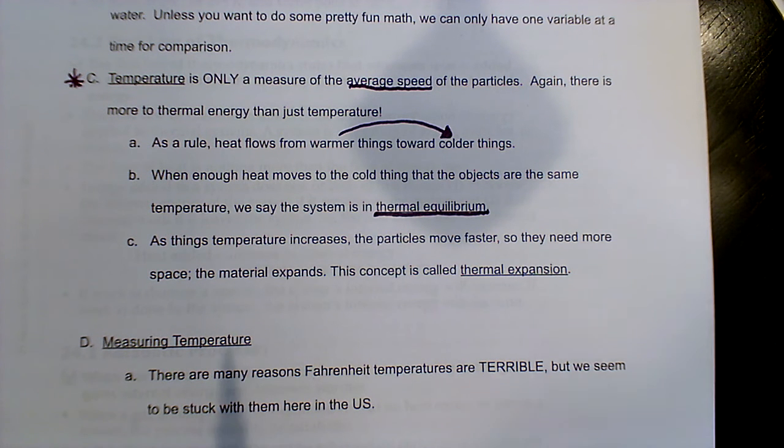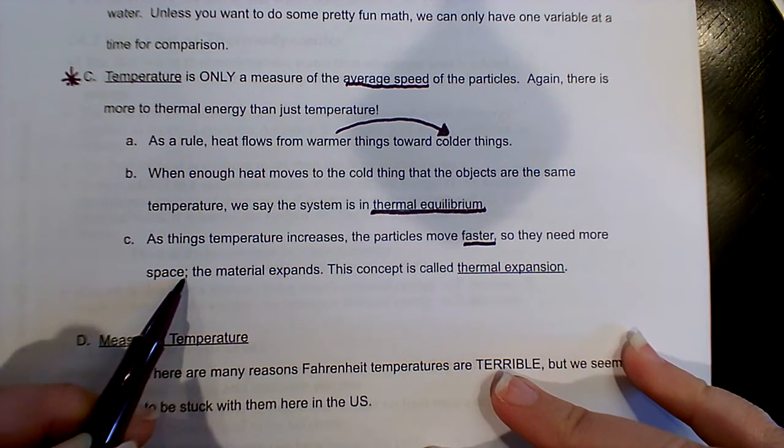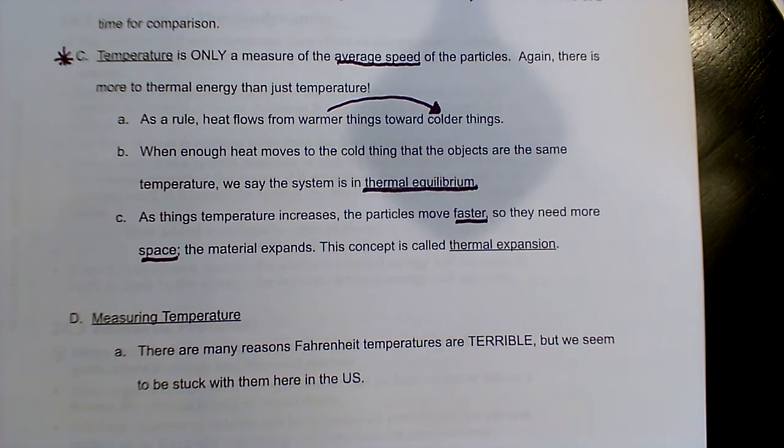And then we also have this concept that as particles move faster, they need more space. You can always think of this just like with people, right? If I wanted to, I could probably fit 150 people in the science room. Gosh, it would be terrible though, right? You're shoulder to shoulder.